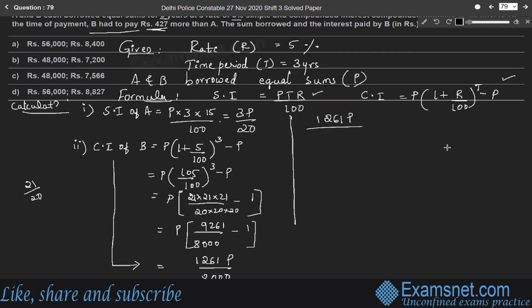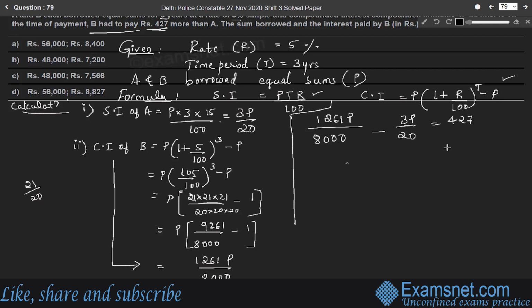1,261P by 8,000 minus interest paid by B is 3P by 20. 3P by 20 is equal to 427. Do you agree?